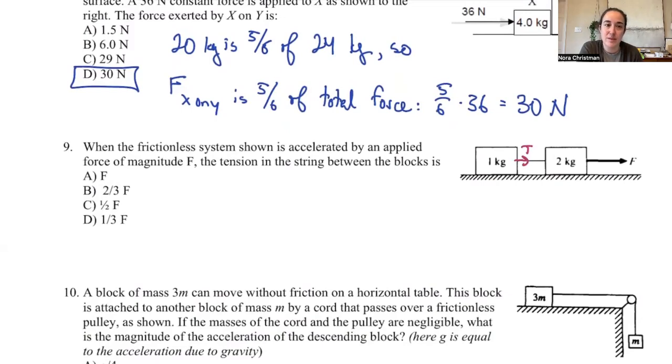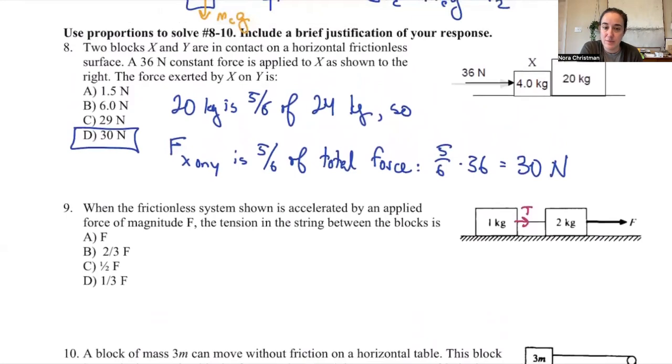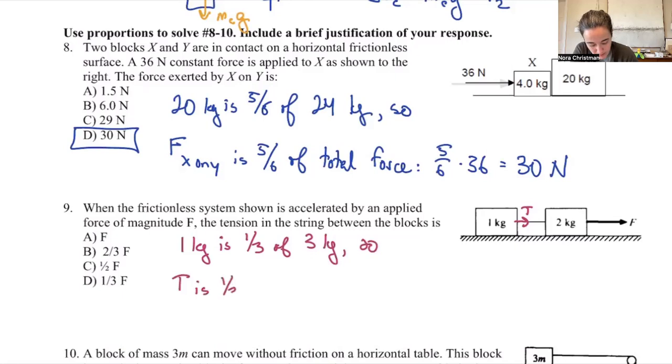Okay, so take a moment, look at the method we used in 8 and pick an answer for 9. And so what I would do is I would say 1 kilogram. So since the mass being accelerated by the rope is 1/3 of the total mass, it's going to require 1/3 of the total force.